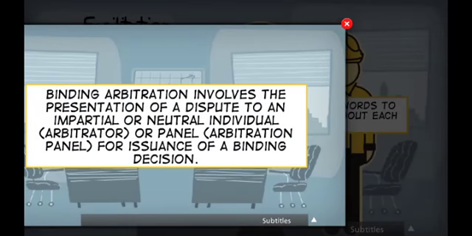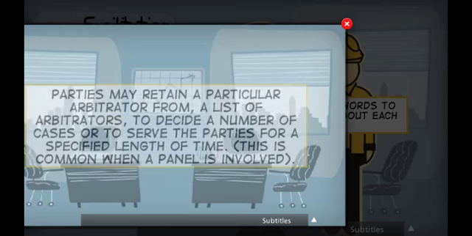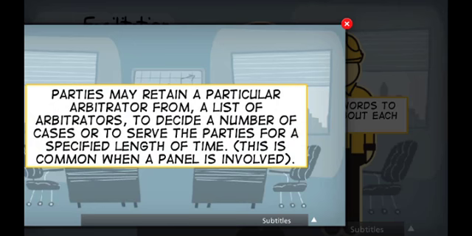Arbitration. Binding arbitration involves the presentation of a dispute to an impartial or neutral individual, arbitrator, or panel, arbitration panel, for issuance of a binding decision. Parties may retain a particular arbitrator from a list of arbitrators to decide a number of cases or to serve the parties for a specified length of time. This is common when a panel is involved.